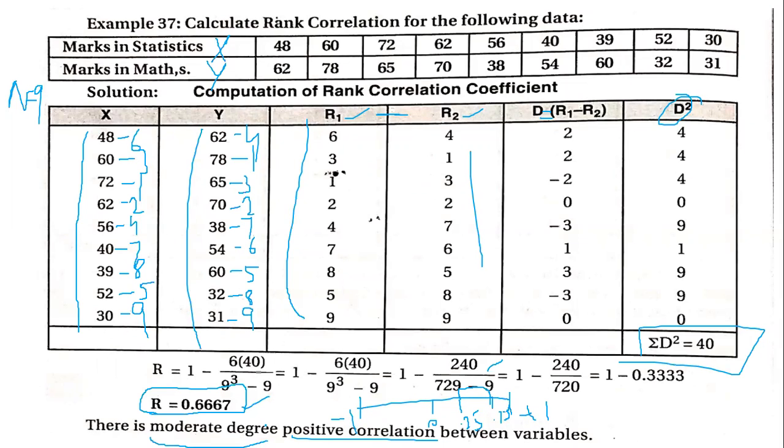Okay, so this is when the ranks are not given. So you have to be careful in analyzing the question, first of all, to understand if the ranks are given or if the ranks are not given. Okay, understood? Any doubts in this question?